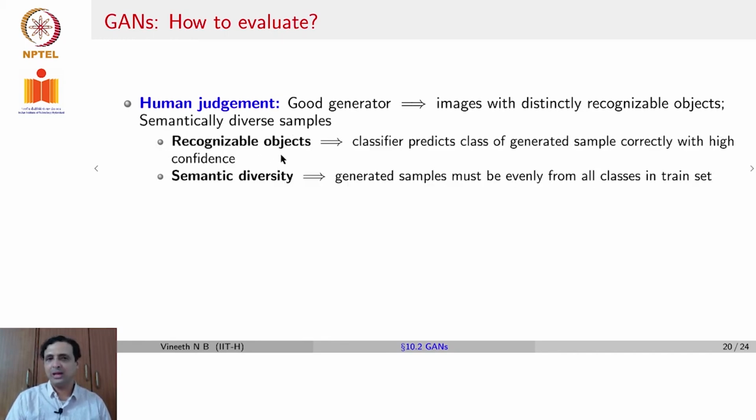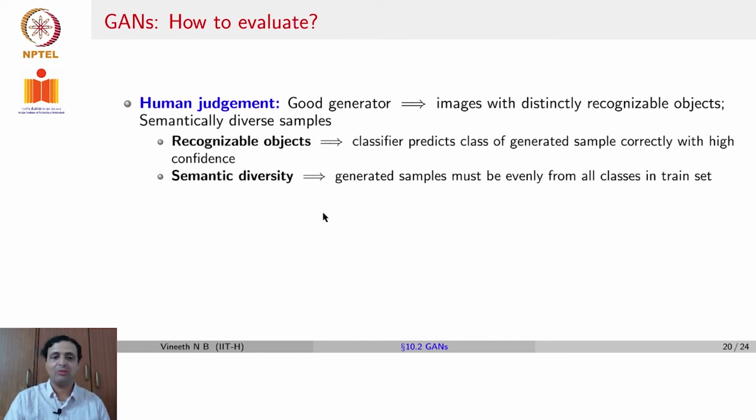Recognizable objects would mean that an independent classifier would take these generated images and be able to predict the class with high confidence. Semantic diversity would mean that the generator or the GAN generates samples of various different classes in the training set, ideally all classes in the training set.